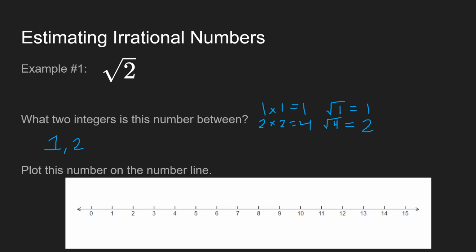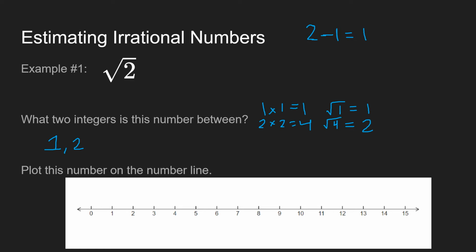Now we need to plot the number on the number line as well. So we need to figure out if the square root of 2 is closer to 1 or closer to 2. The way we do this is count how many units a particular square root is away from a perfect square. So 2 minus 1 is 1. We put the larger number first to figure out how far it is from the other one.